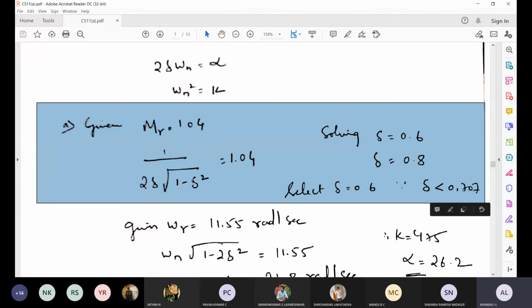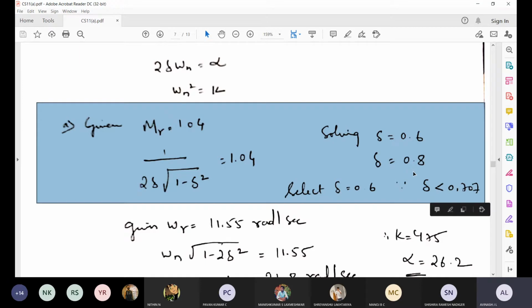Please do the solving, all of you, and you will find the values of delta as delta equal to 0.6 and delta equal to 0.8.